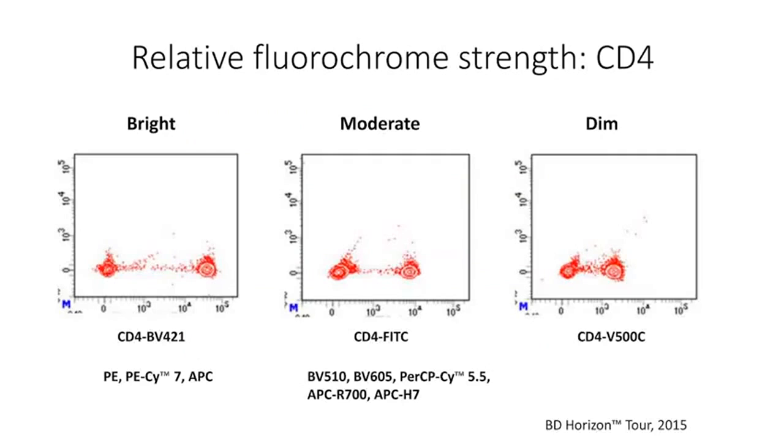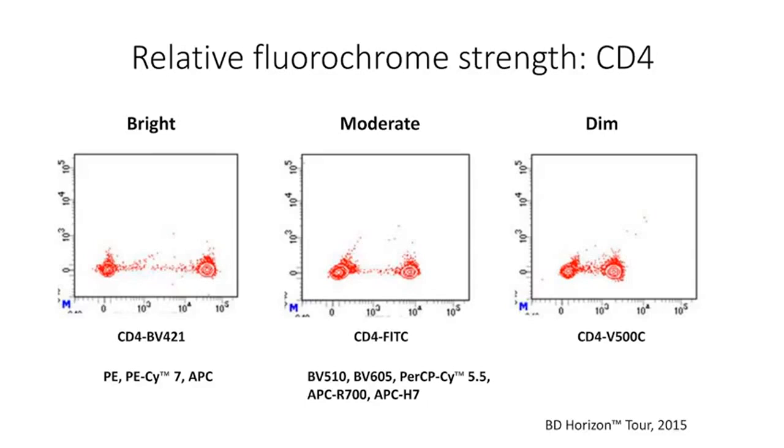So we need to understand in a little more detail the behavior of these fluorochromes in order to optimize our tube. And in broad outline, I've divided the fluorochromes here into bright, moderate, and dim. These are approximations, but they are based on data that BD has developed using these instruments and which they've published and presented at Horizon Tours and other venues.